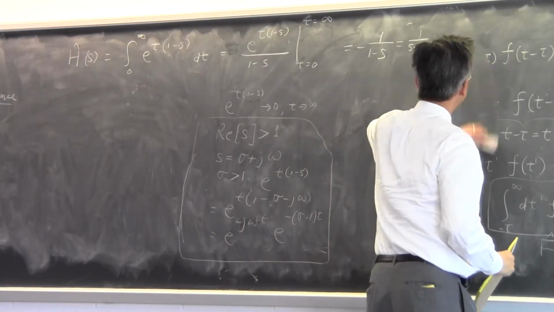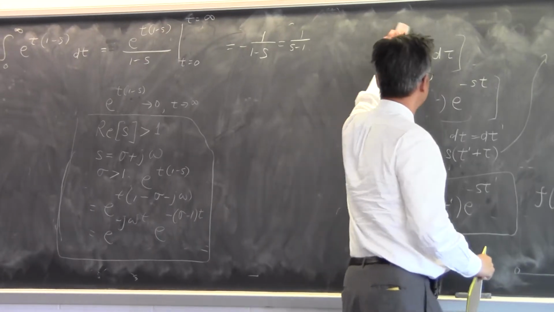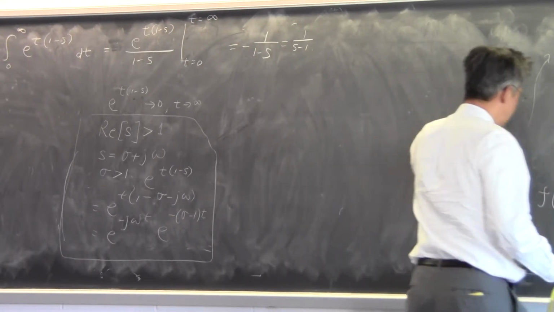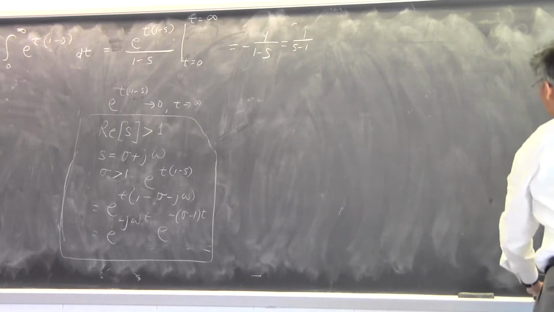So this is some peculiarity with the Laplace transform. It always exists, but you have to define the values of s for which it can exist. It always exists, but only for specified values of s.